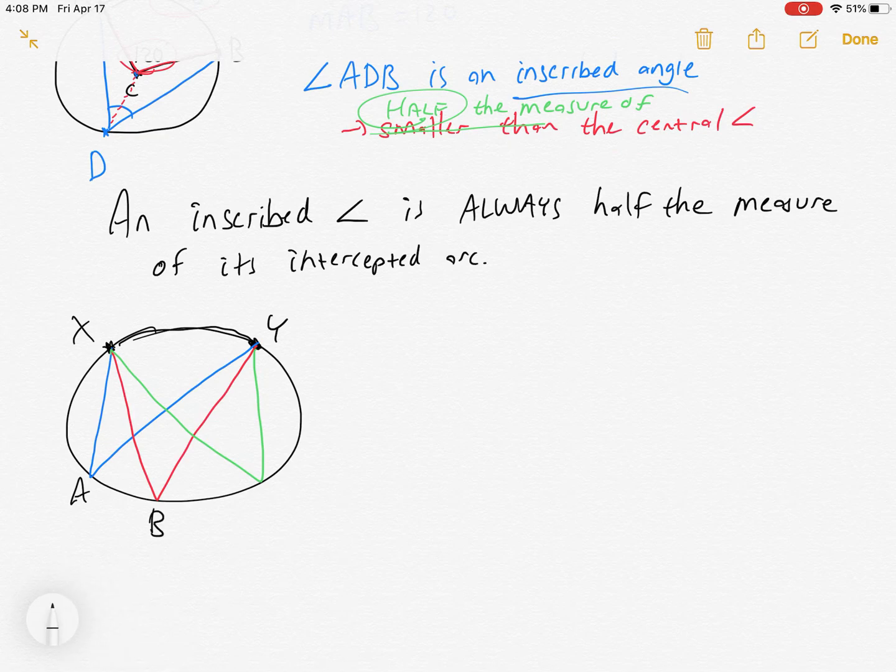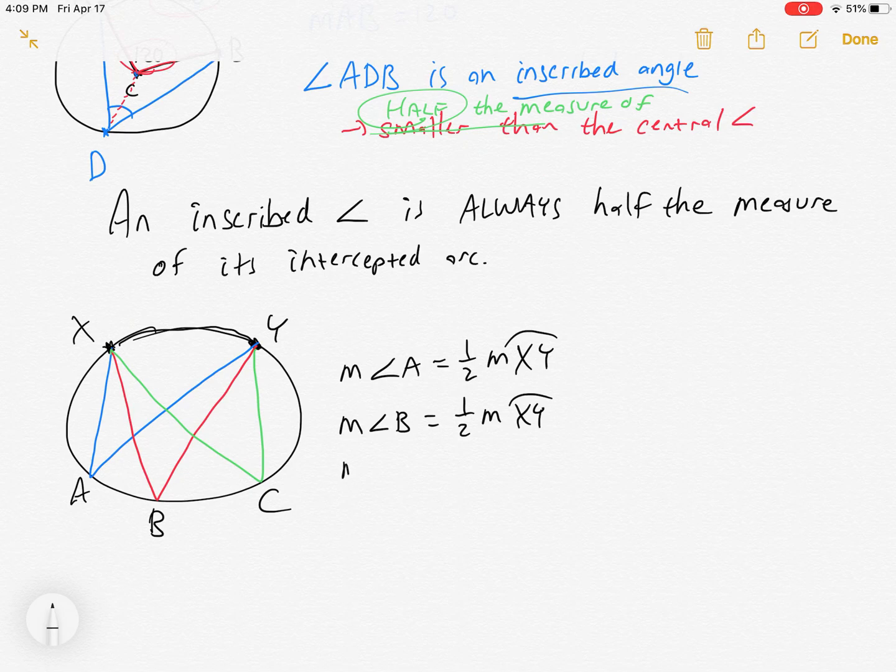So, how do the angles at A, B, and C compare? Well, the measure of angle A equals 1/2 of the arc from X to Y, right?